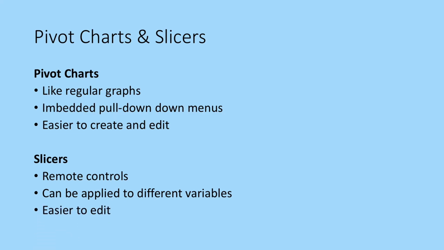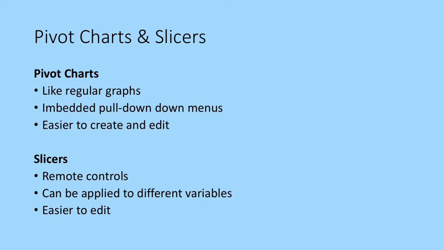Now, the reason I like using slicers and pivot charts is because using a pivot chart is just better than using your regular chart, because it's so much easier and quicker to make. And with the slicers, you can use it as a remote control to change the information on that chart, and it can be applied to change a whole bunch of different styles of information in your chart.